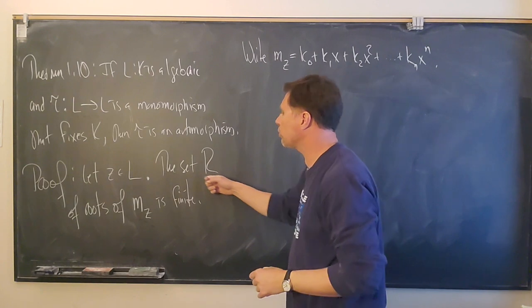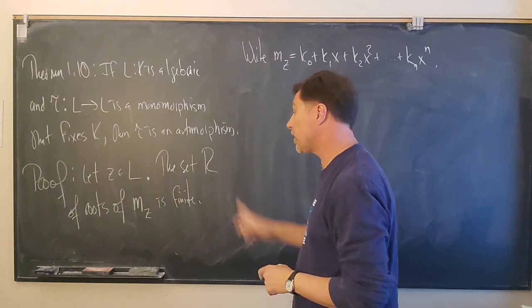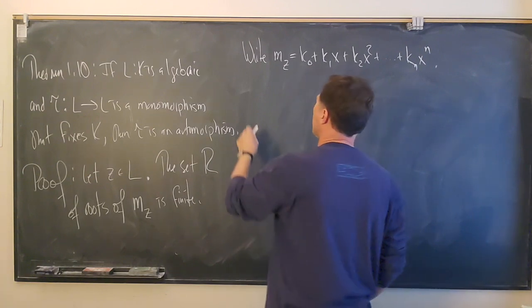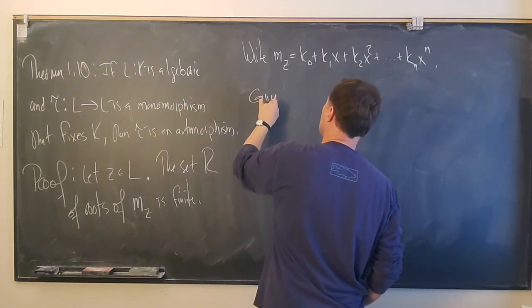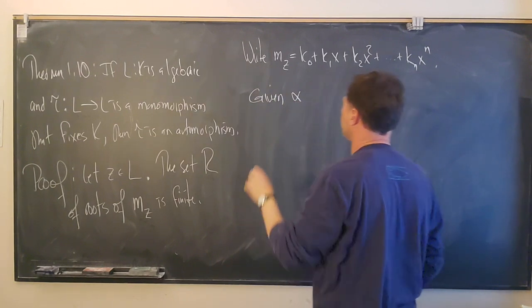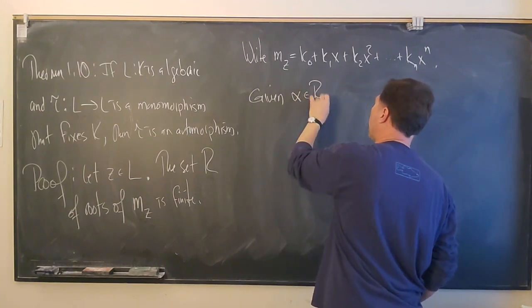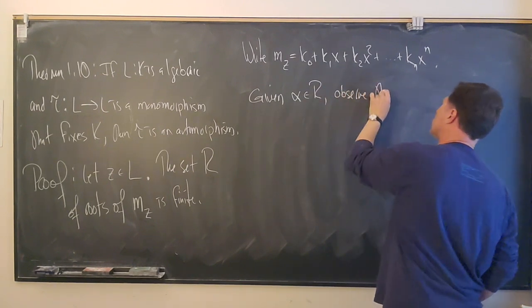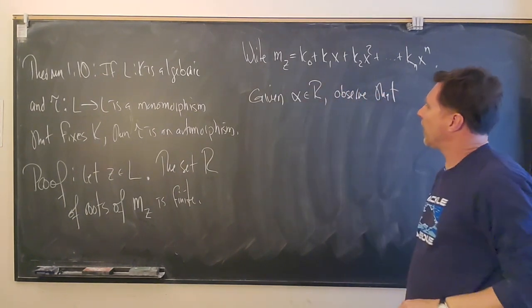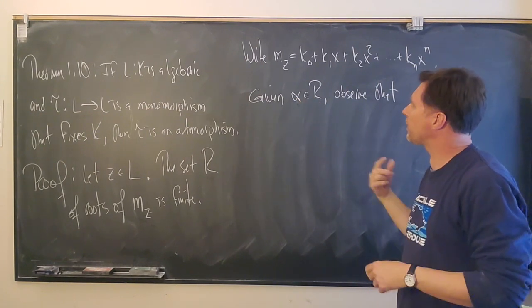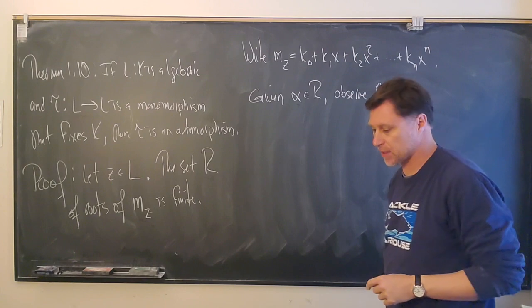Now, I want to take a root of this polynomial. We know that z is a root, right? Let's just take another root. So given alpha in R, observe that... now what I'm going to do is apply tau to alpha, and then plug the result into m sub z.